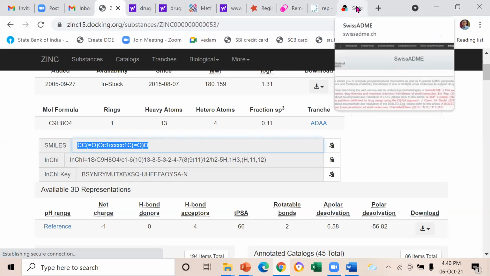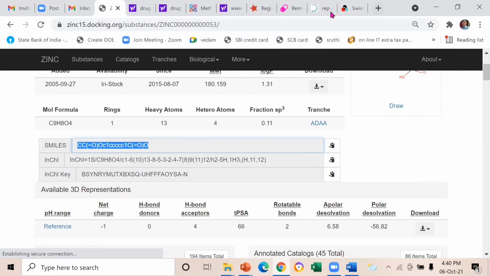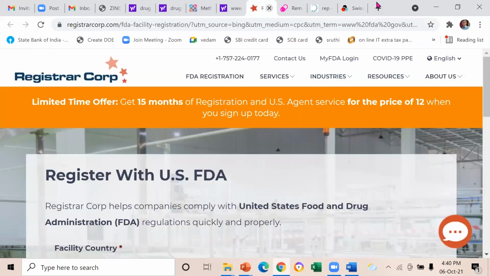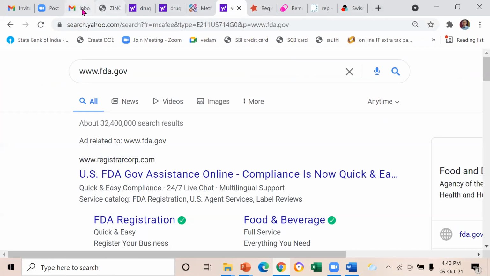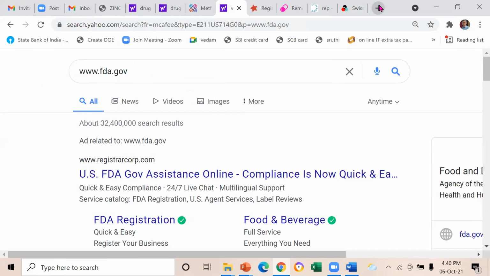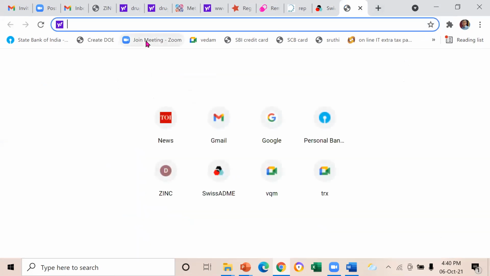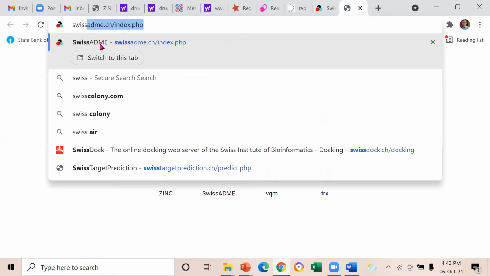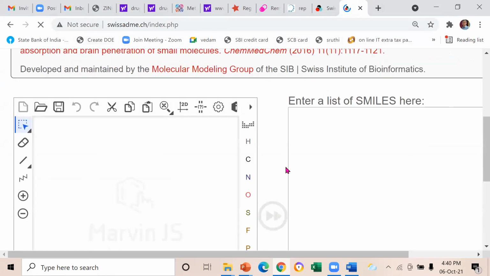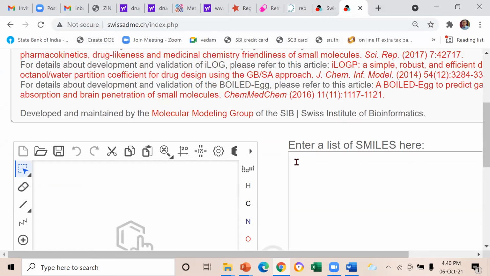And then I go to Swiss ADME, and I can enter a list of SMILES here. So I can copy and paste that SMILES notation of aspirin. Understand?